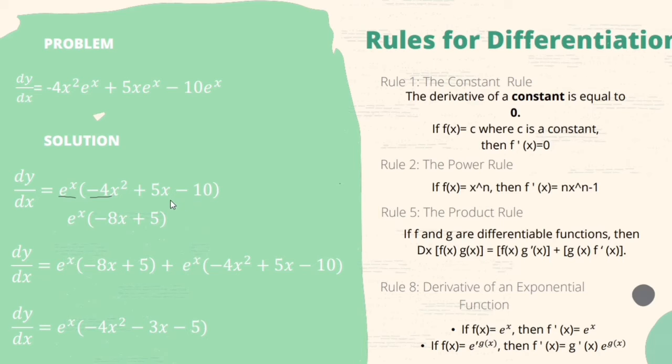After that, we find the derivatives of each factor, and according to rule 8, the derivative of an exponential function, the derivative of e to the x is e to the x itself. So that's why we put e to the x under the original term. Next, we find the derivative of negative 4x squared plus 5x minus 10.